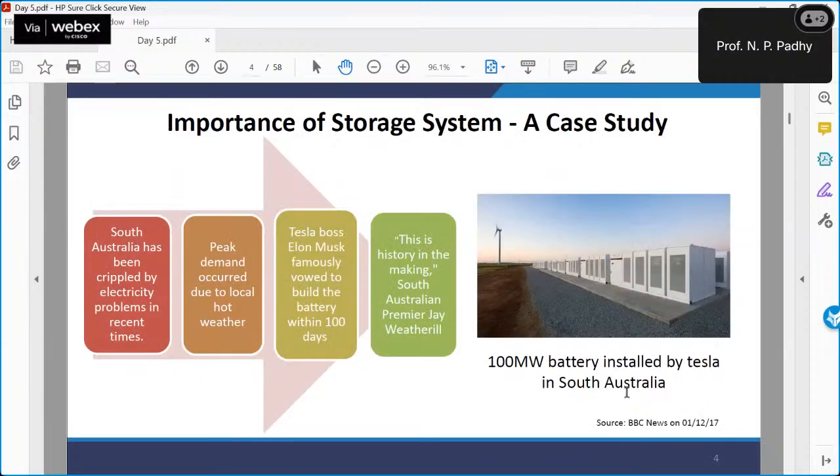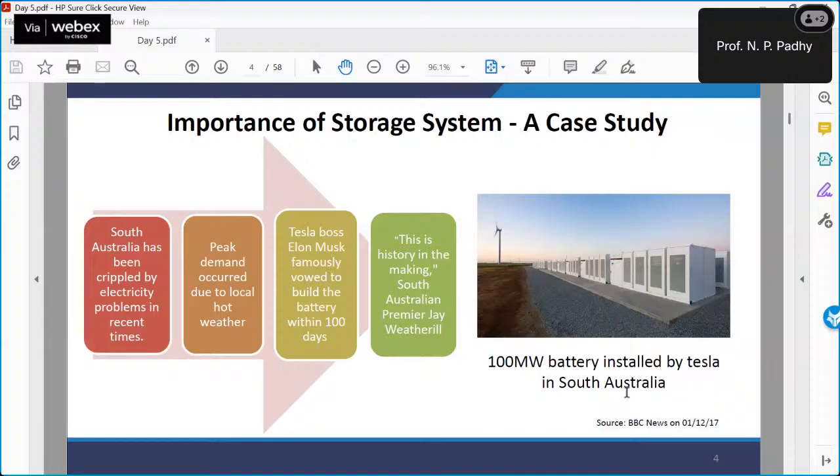We'll also try to understand a couple of case studies where huge storages are being deployed across the world. One of them is the 100 megawatt battery installed by Tesla in South Australia, which happened to be an example of mastery. Elon Musk is now very popular, but at that time, he was just a Tesla man, okay?